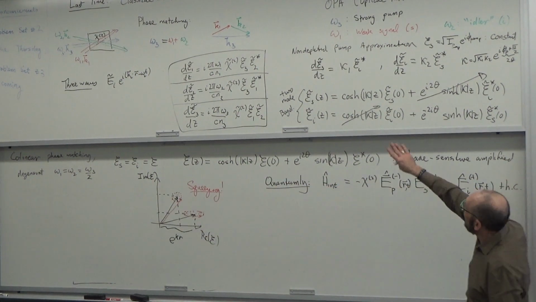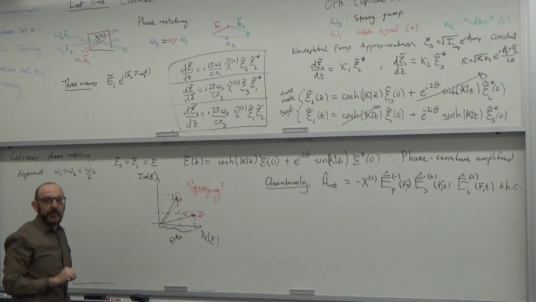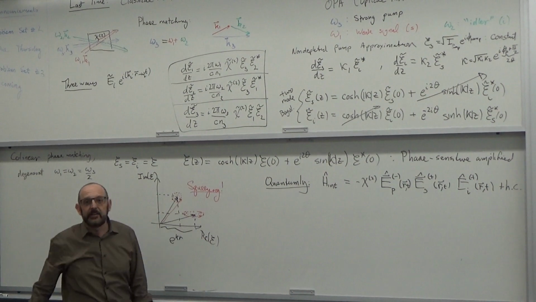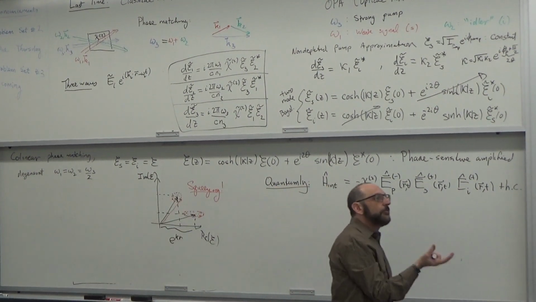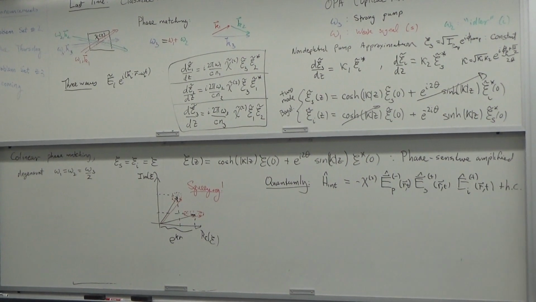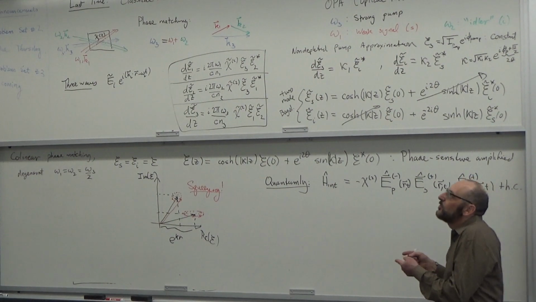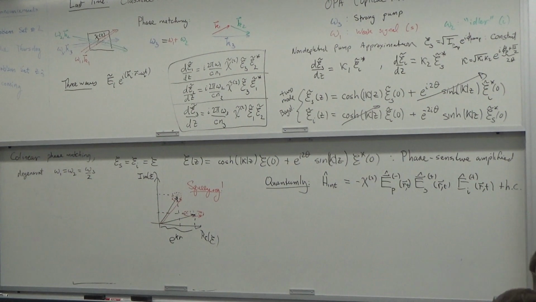I have to satisfy energy conservation over here, and I'm going to choose things to also be phase-matched. And so in order for this to be resonant, there will always be two of the modes whose frequencies add to the third. I'm calling one of them the pump, the big one, and the other the signal and the idler.